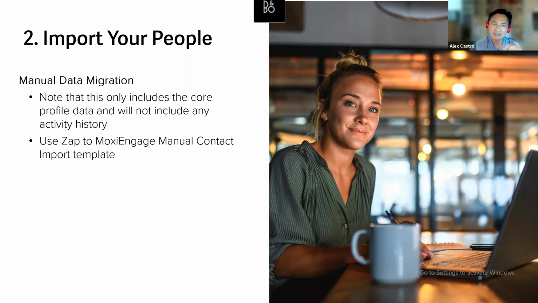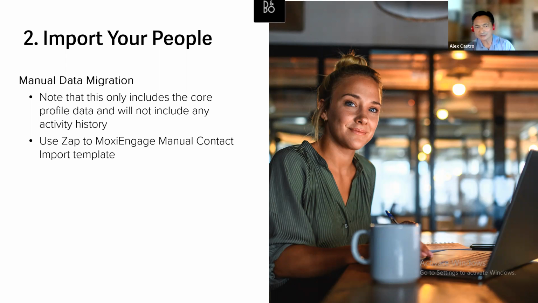Okay. Now, one thing to note is that there's a Zap to MoxiEngage manual contact import template. If some of these options that I'm describing today make you say, oh yeah, I need to know that, take a picture with your phone of a screen and then just go into support.moxieworks.com, the success portal of MoxiWorks, and type that in.